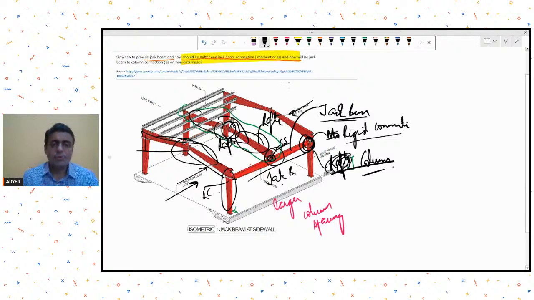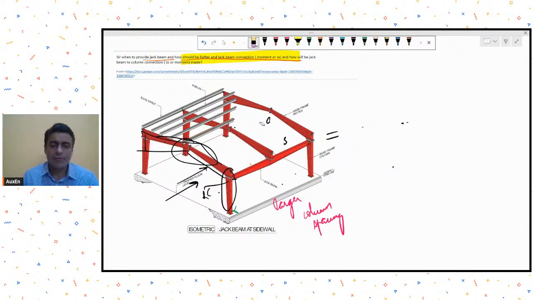Now if you choose to provide a rigid connection over here also between the rafter and the jack beam, then that is a better scenario, I would say. Between the rafter and jack beam, if you provide a rigid connection over here, that is advisable.